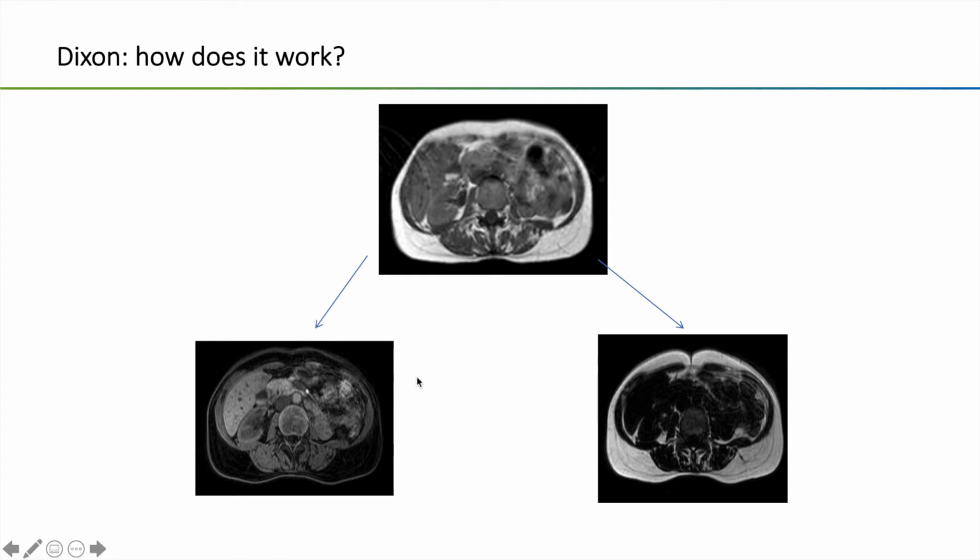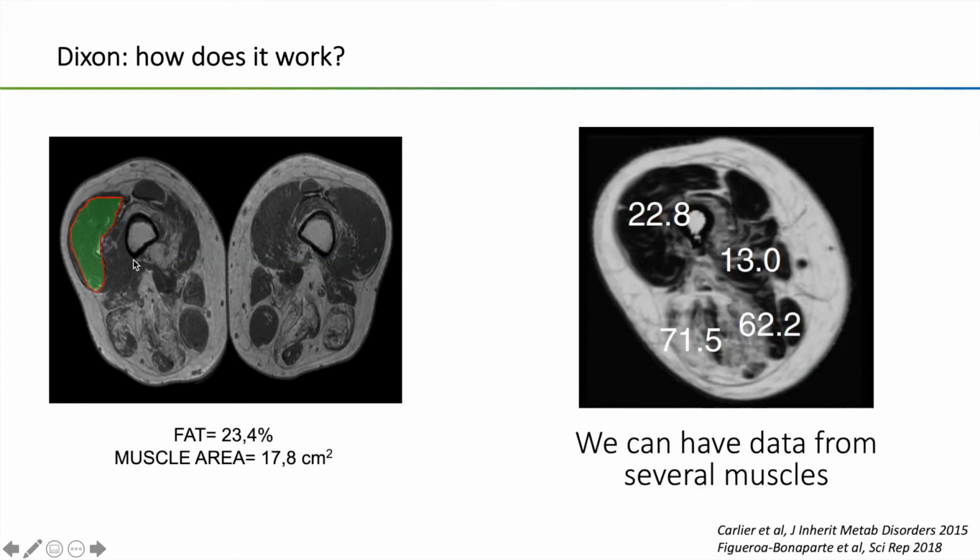And then what you can do is draw regions of interest in your muscles, and you will obtain the muscle area and the exact amount of fat from 0 to 100. This allows you to draw different regions of interest in all muscles of the thighs, but you can also obtain what we call the mean thigh fat fraction, which is a mean measure of the amount of fat in all muscles of the thigh.